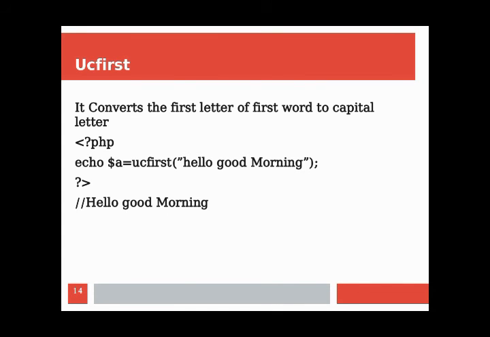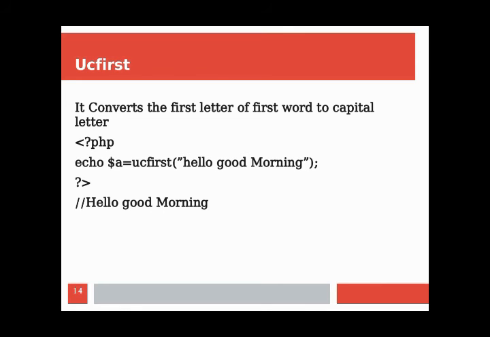Then next is ucfirst. Here it converts the first letter of the first word to a capital letter. Remember that, it will convert only the first letter of the first word to a capital letter. We will see in the program. Here within the PHP tag, our display statement is echo $a equal to our function ucfirst. In brackets, within double quotes, one string is passed, that is "hello, good morning". Here there are three words. The first word is all small letters, the second word is all small letters, and in the third word the first is a capital letter and the rest are small.